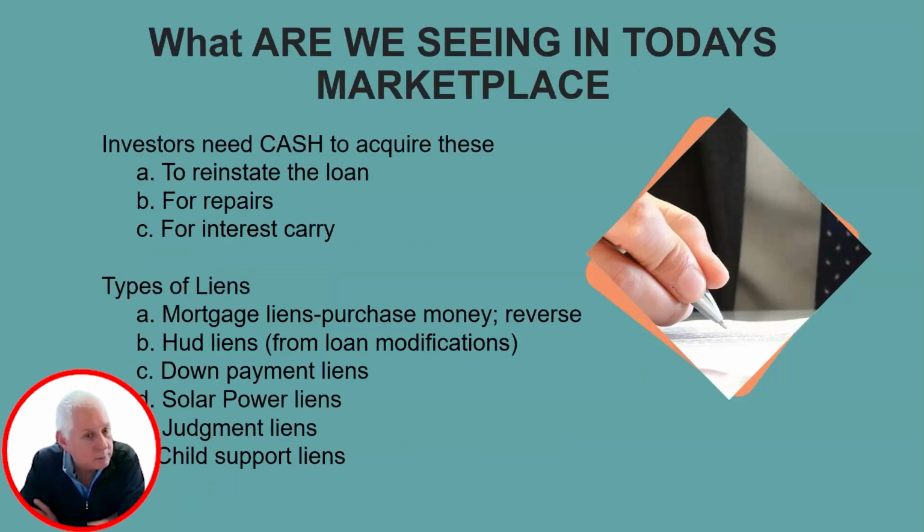So I go back to 2009 and 2010 when we were buying a lot of homes subject to the existing debt. It was an awesome time because we were able to buy homes that were in mint condition, taking over very good interest rate loans.